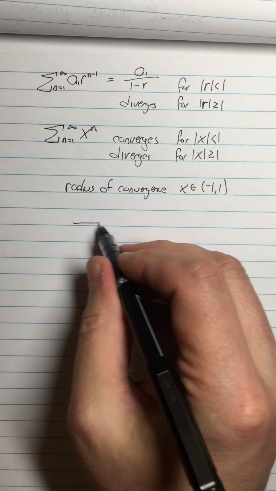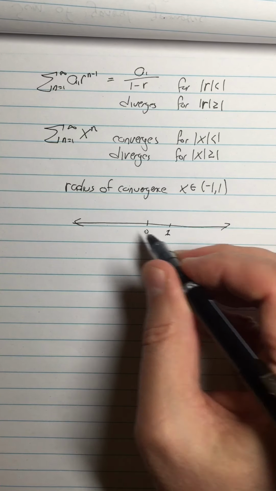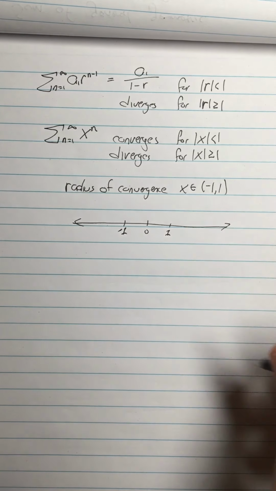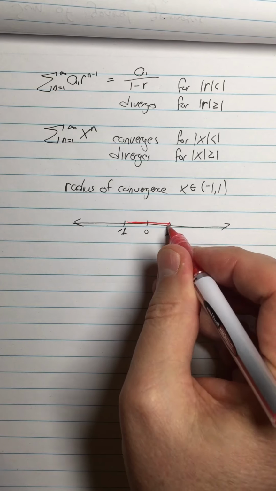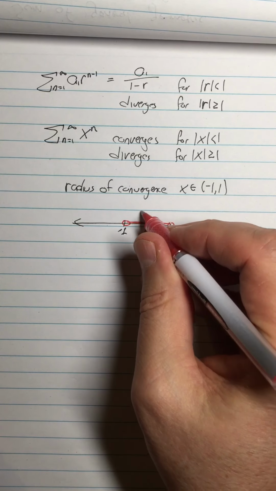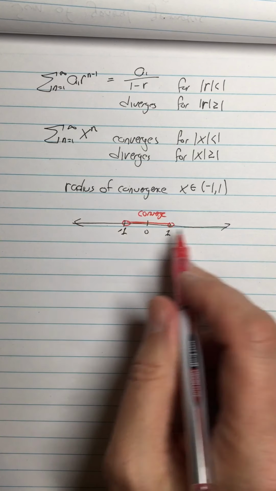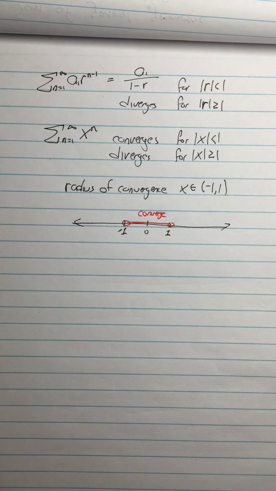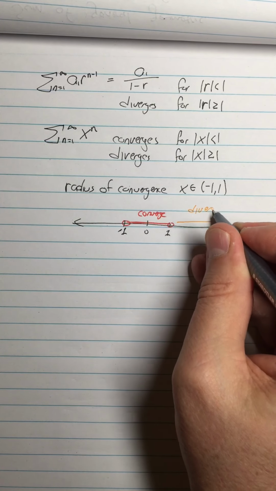If you think in terms of a number line, we're going to see this happen again and again. Here's 0, here's 1, and here's -1. All the values of x in here cause the series to converge, and everything outside of that radius causes the series to diverge. The way the series behaves depends on x.